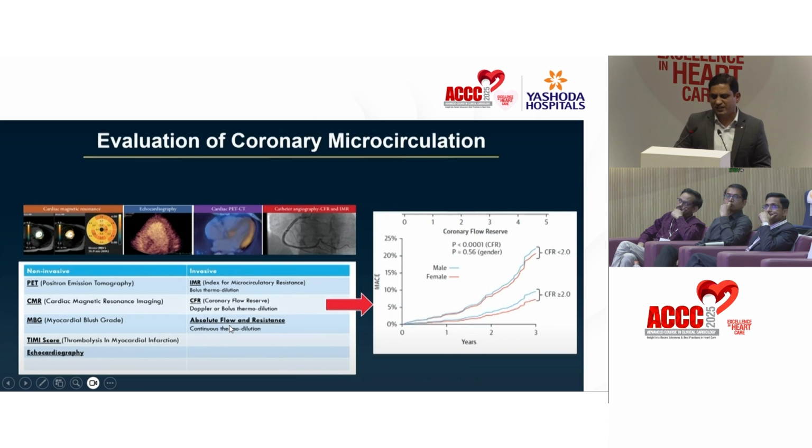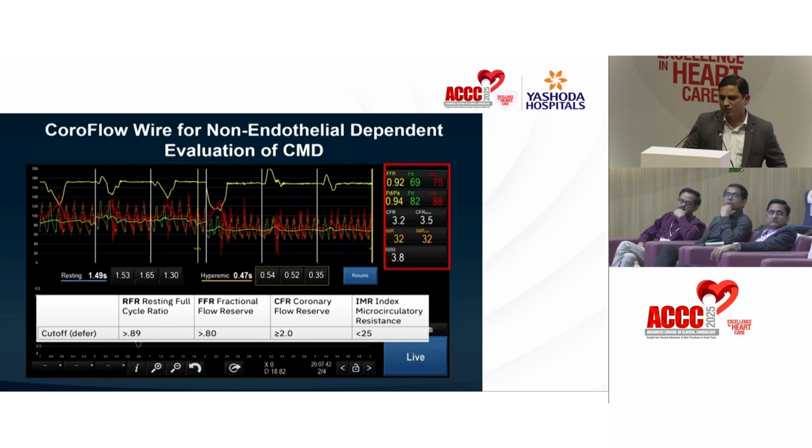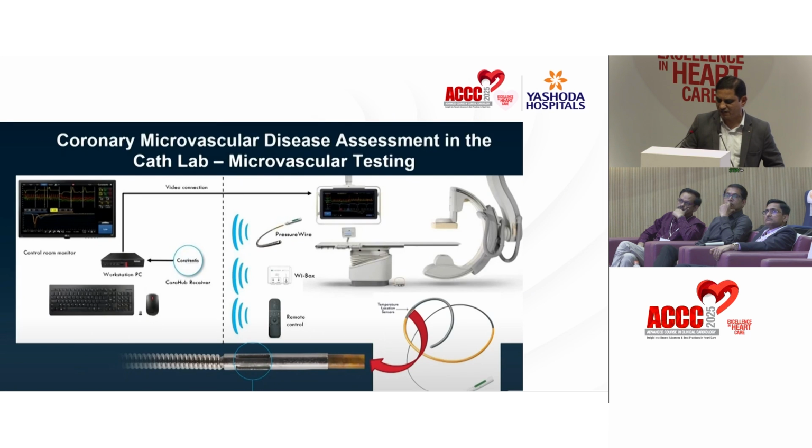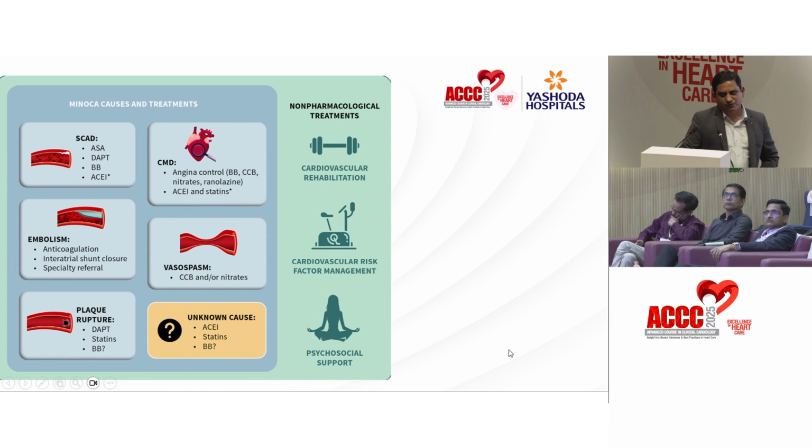IMR greater than 25 or CFR less than two can indicate microvascular dysfunction, and it can be done with the Abbott vascular system, where two pressure sensors at the end of the pressure wire calculate automatically and give the values. This is a picture where vasospasm is suspected after giving acetylcholine: first a normal luminal diameter, but after acetylcholine there is a diffuse vasospasm, and the treatment of choice is GTN and isosorbide.